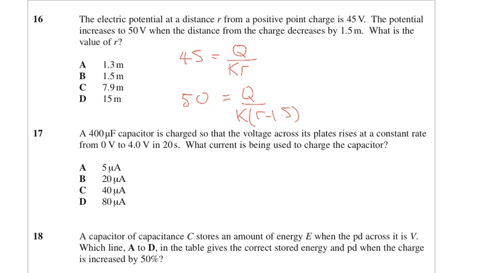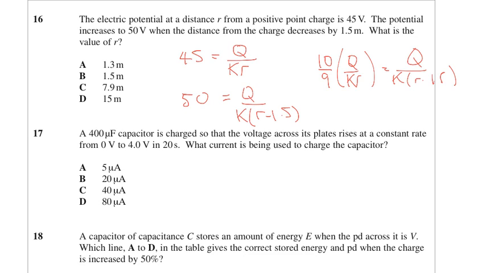Okay, so to go from 45 to 50, we times by 10 over 9. So 10 over 9 times Q over kr is equal to Q over k(r minus 1.5).